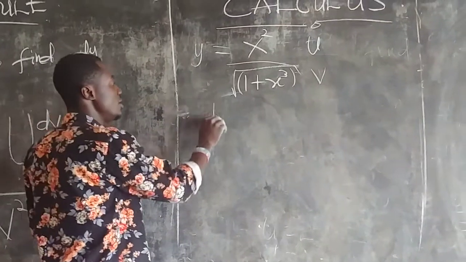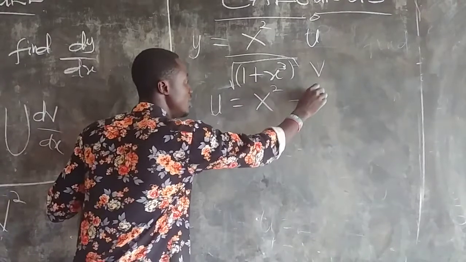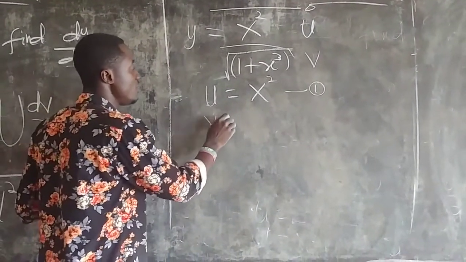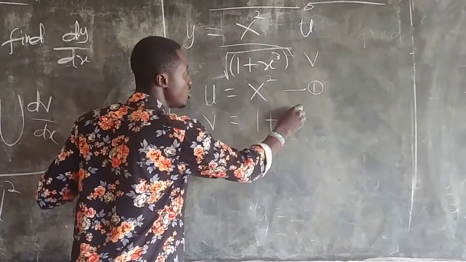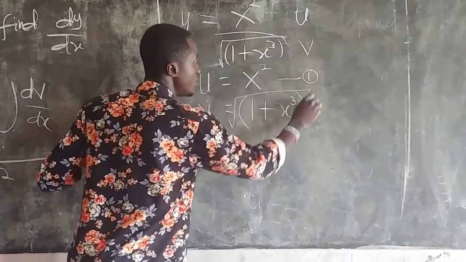So we say that u is equal to x squared, and let's name it equation 1. Our v is equal to the root of 1 plus x cubed.